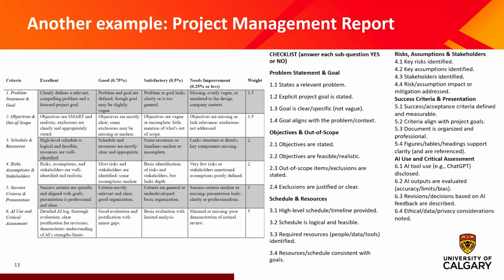And the score is based on how many yes answers you have. So if, for instance, for the problem statement and goal you have 4 yes, you get full mark. So it's a way for you to check the feedback itself, not the mark of the submission, but a way to check if the feedback provided by the large language model is aligned with the count of yes and no answers you have in your rubric.